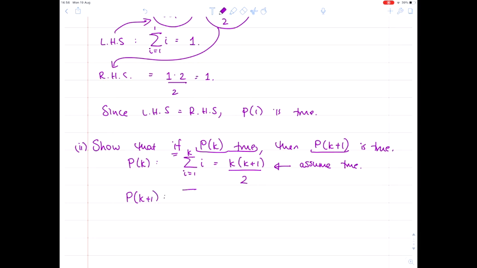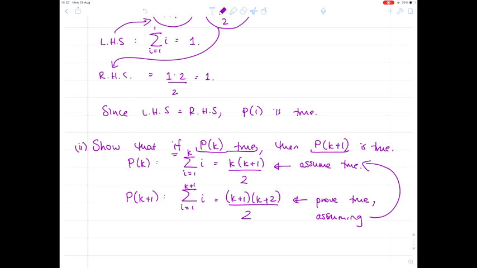Pk plus 1 is going to be the sum from i equals 1 to k plus 1 of i, and then it's going to be (k plus 1) times (k plus 1 plus 1), which is k plus 2, over 2. And we want to prove that this is true, assuming that Pk is true.